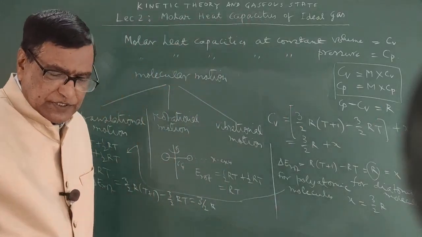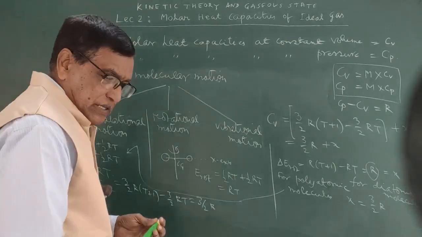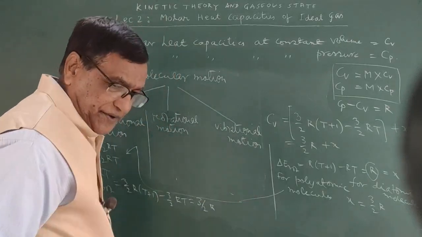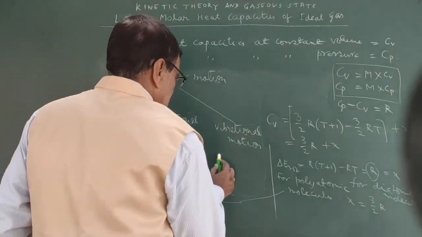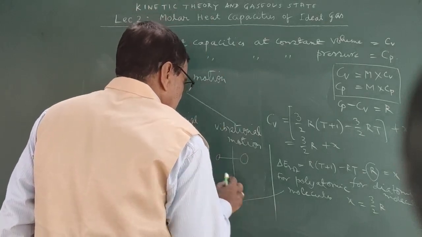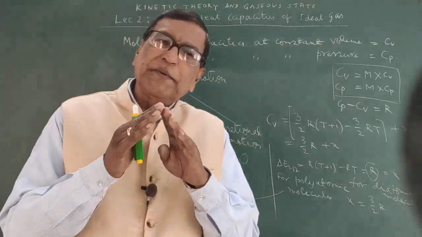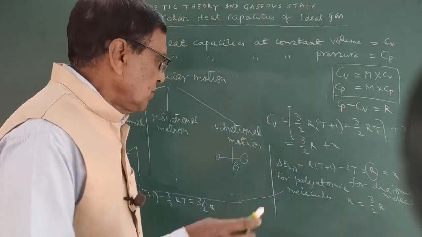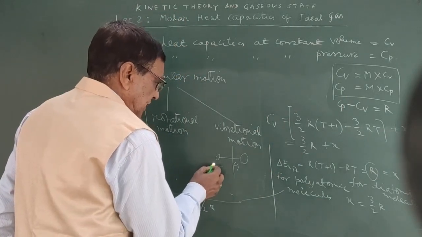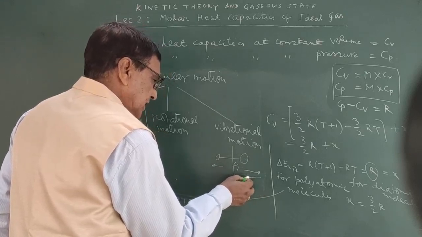And there will also be vibrational motions. The atoms within the molecules will vibrate. Suppose for diatomic molecules, this is one atom, and this is the center of gravity. Center of gravity remains unchanged, and the atoms move from the equilibrium position, elongated, coming again to equilibrium position, and then compressed.